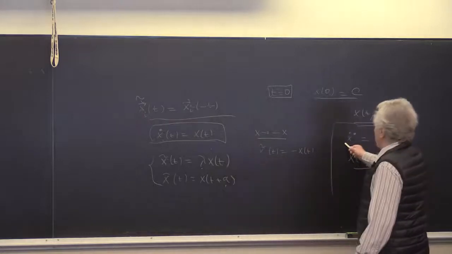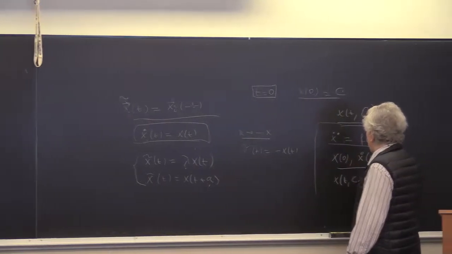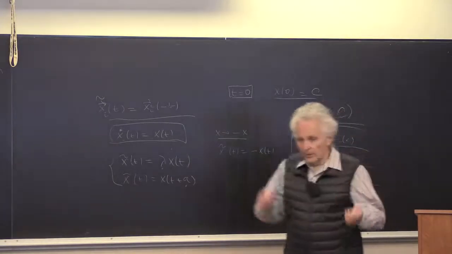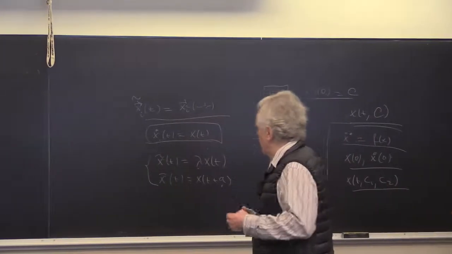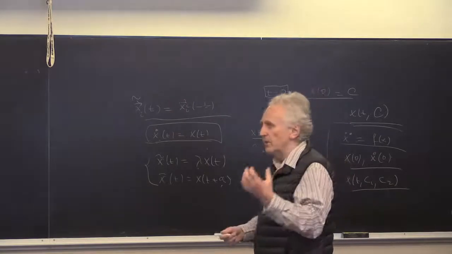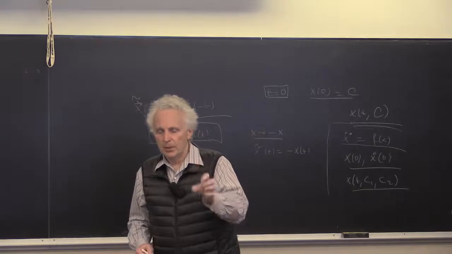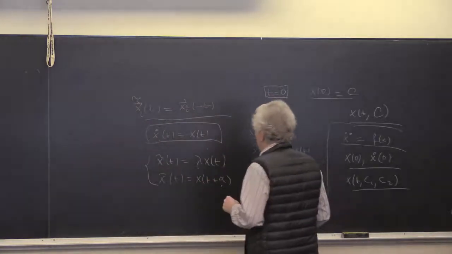So the general solution of the second order differential equation contains two arbitrary constants. In order to fix the motion, to select a unique trajectory in the Newton case, it's not enough to fix the initial position, you have to fix the initial velocity also.